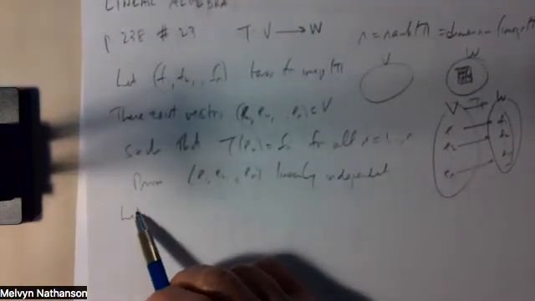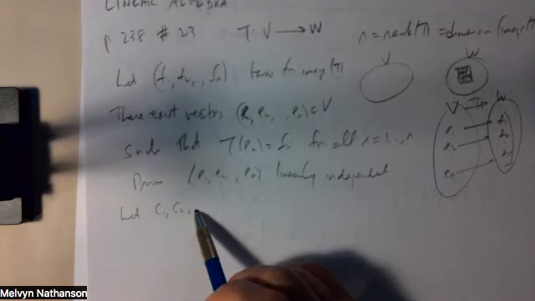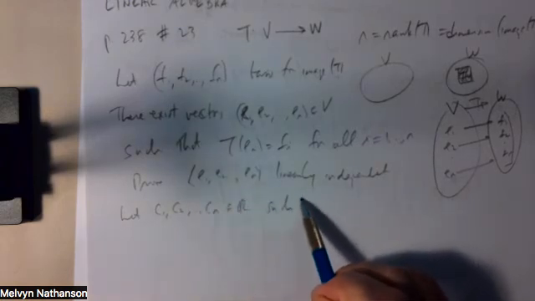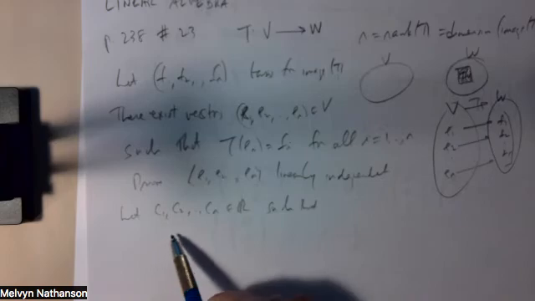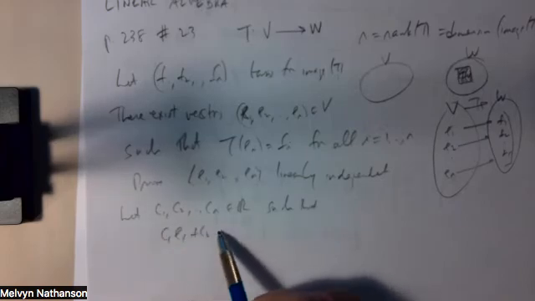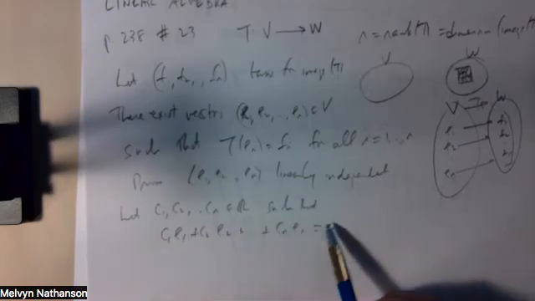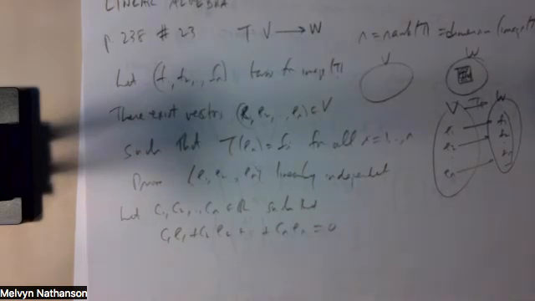So suppose we have scalars C1 up to C sub R, such that C1 E1 plus C2 E2 and so forth up to CR E sub R is 0. Let's say the 0 vector is this linear combination.